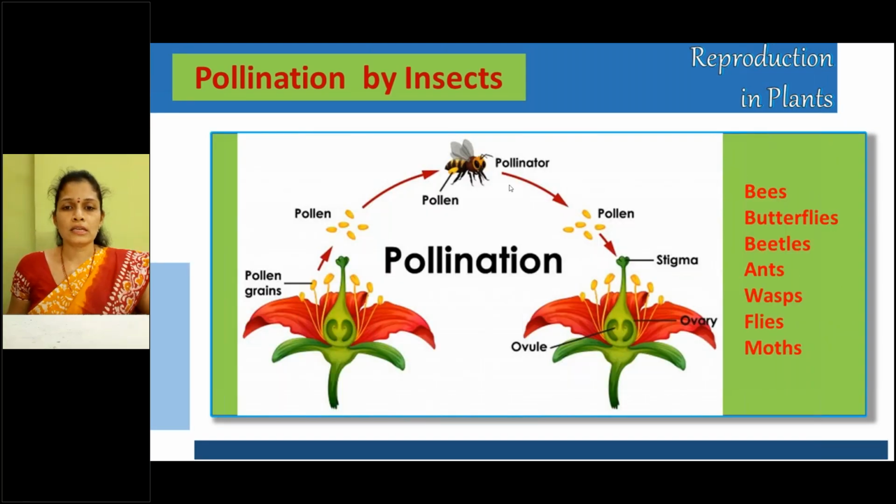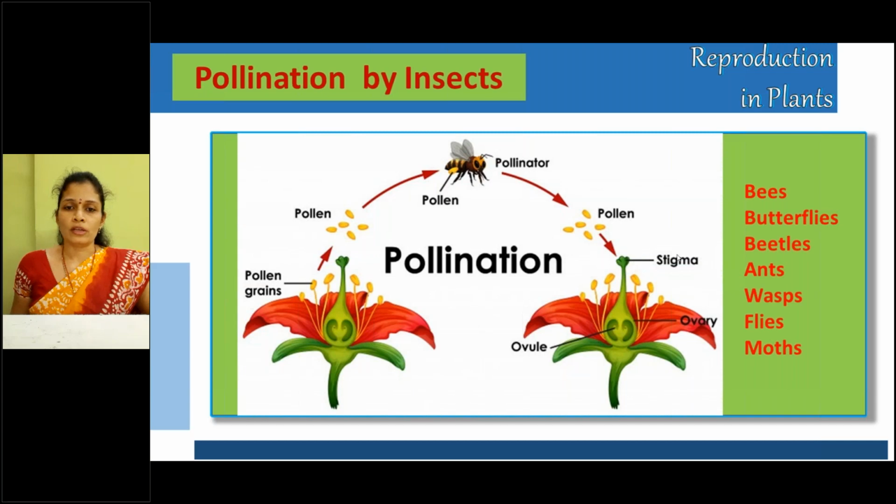Let us see in this slide, children, how the pollinating agent is transferring the pollen from one flower to another flower. See here, these are the pollen grains, and the pollen is carried away by the bee, stuck to its legs or its body, and when it comes and sits on this flower to feed on the nectar, then the pollen drops on the stigma of the other flower.